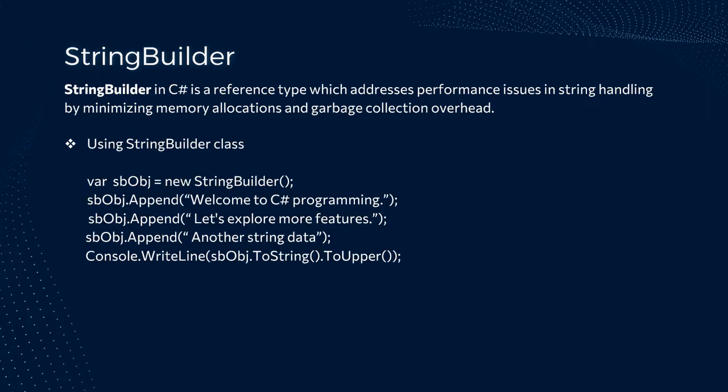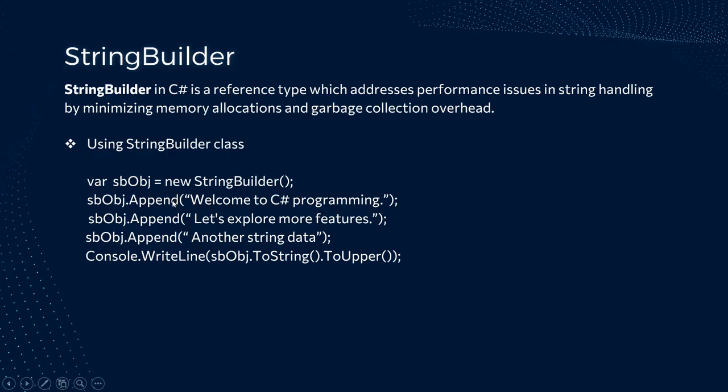Here you can look at the StringBuilder class where sbObj equals new StringBuilder. In this way you can create an object of StringBuilder, and then we have the Append method through which you can append strings. Here you can see sbObj.Append with the sentence "welcome to C# programming", another sentence "let's explore more features", and another string.